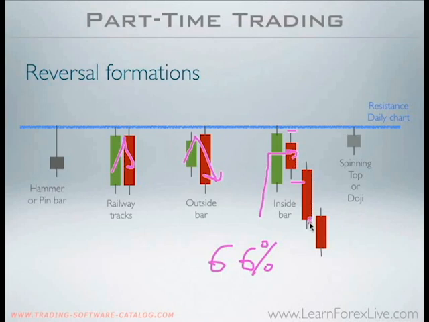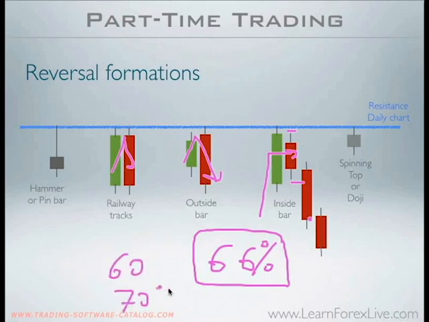You want to cash out the majority of your trade. 66%, 60%, 70%, that's all reasonable. I will let you decide that. I personally simply exit two thirds of the trade, but anywhere between 60 and 70%. At the end of the day, it is a good idea to close the majority of the trade as soon as possible.